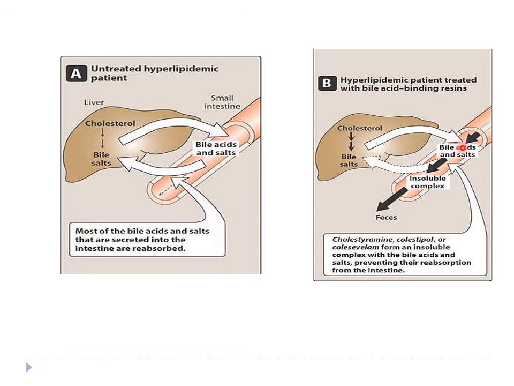They will bind the bile acids and salts in the intestine, and they will form insoluble complex, and they won't get reabsorbed, and they will be excreted out in feces. And the liver will utilize more and more cholesterol to form bile salts. The intrahepatic stores of cholesterol will decrease. There will be upregulation of LDL receptors, and will promote the binding of plasma LDL, and in this way LDL cholesterol levels will decrease.